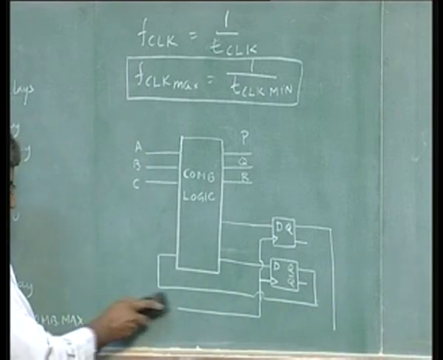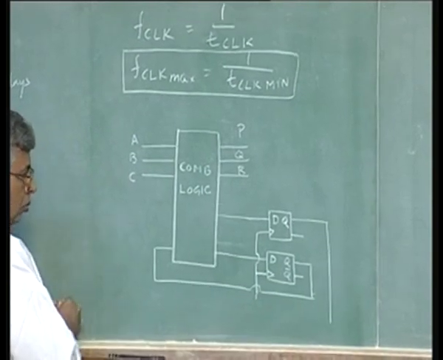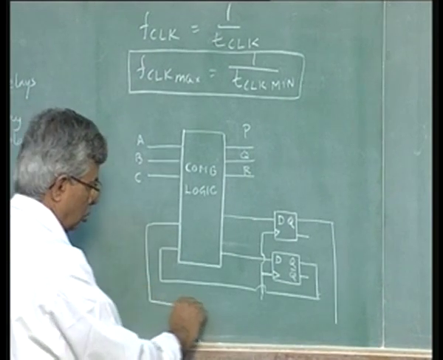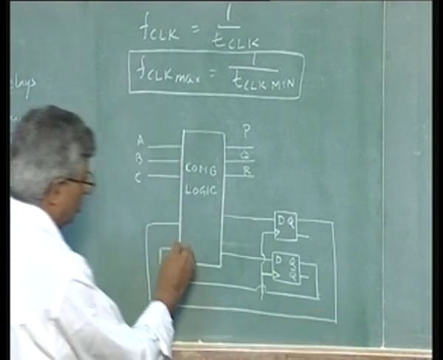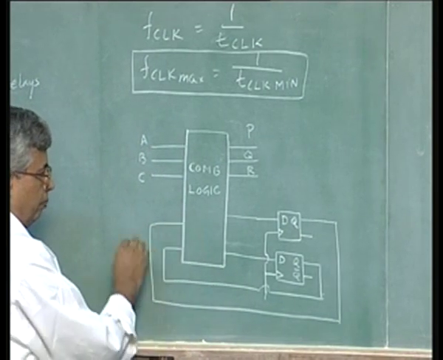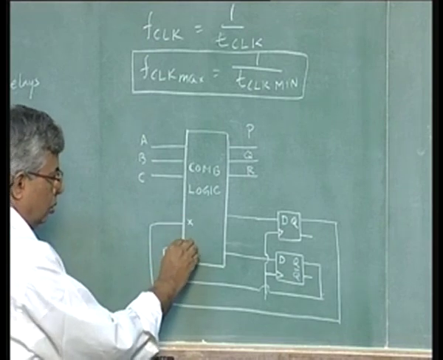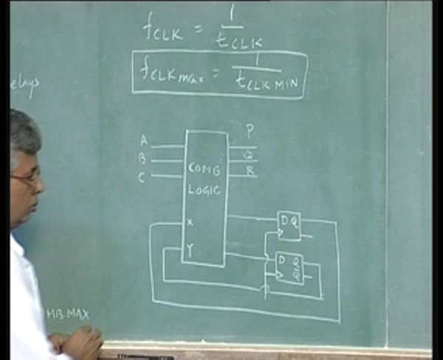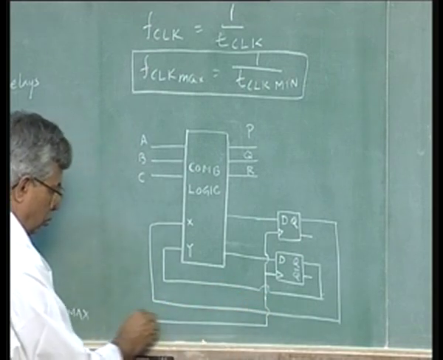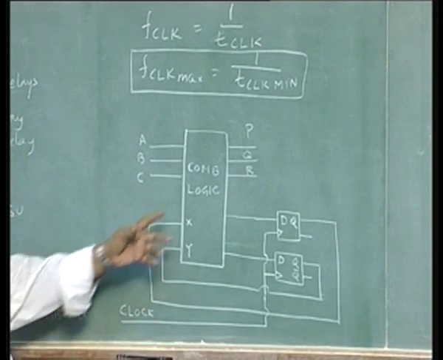Maybe I would remove this. This is my, so let us call this X, Y. So, this combination logic has two sets of input.